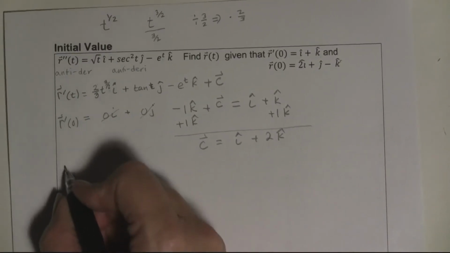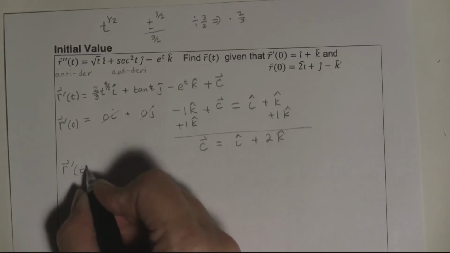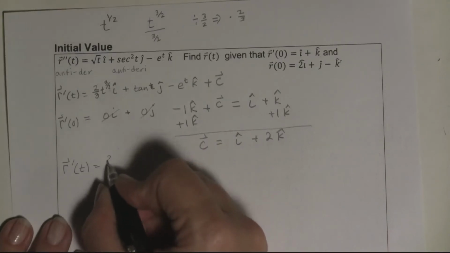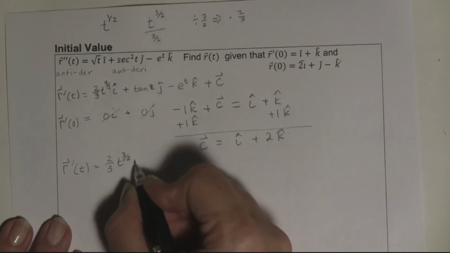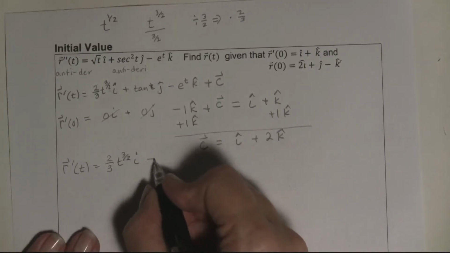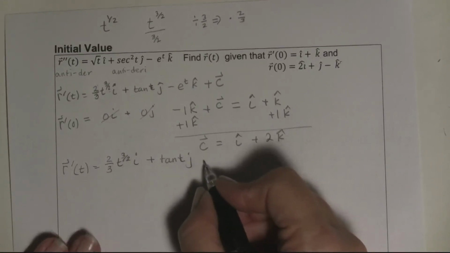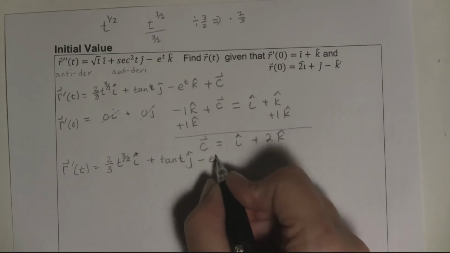So this means that I'm going to have r prime at t, and it's going to equal 2/3 t to the 3/2 i plus tangent t j, and minus e to the t k.